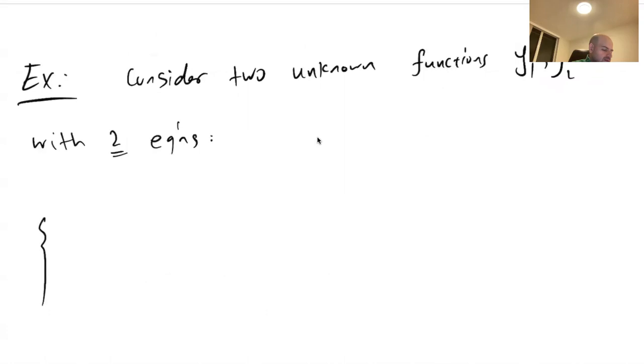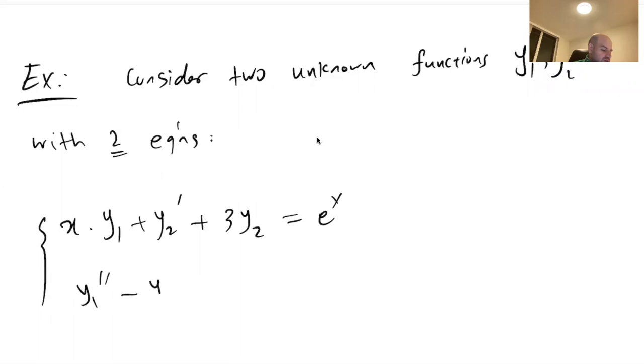Let's say, for example, x times Y1 plus Y2 prime plus 3Y2 equals e to the x. And let's say Y1 double prime minus Y1 minus Y2 prime equals x over x squared plus 1.